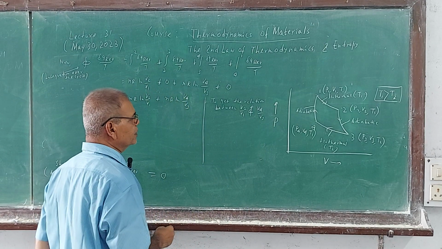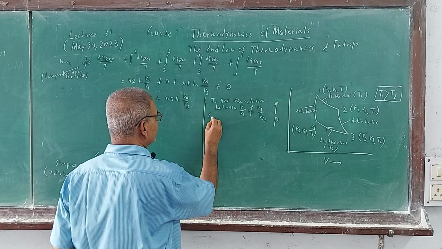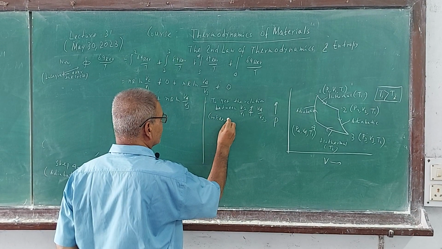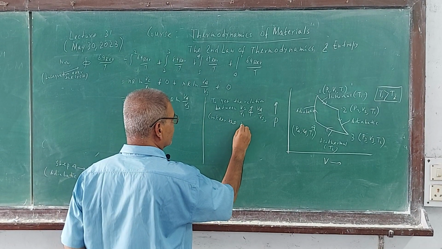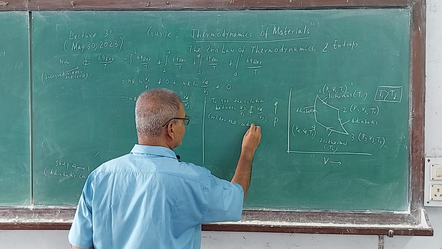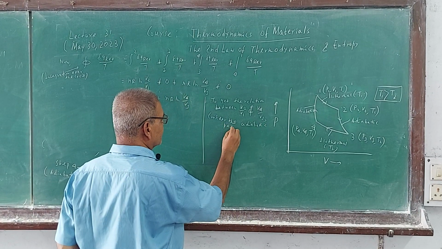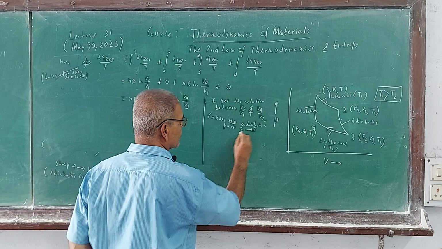So what is it? Consider the reversible adiabatic path 2 to 3. What is the relation?